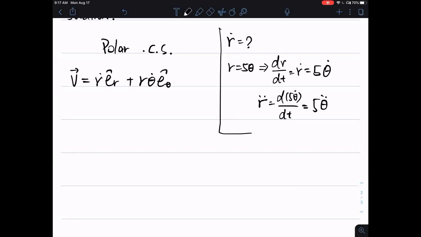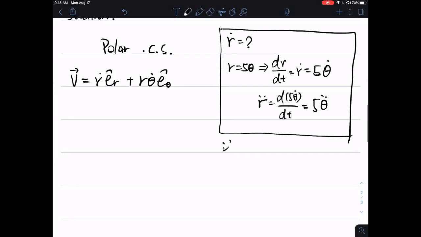So this is not too bad for what we have here when r equals 5 theta. But what happens if I change this a little bit? Imagine this is the same example. At 5 theta, plug this in, you get the answer for this problem. Imagine if I use the same problem for your exam, but I changed one thing.